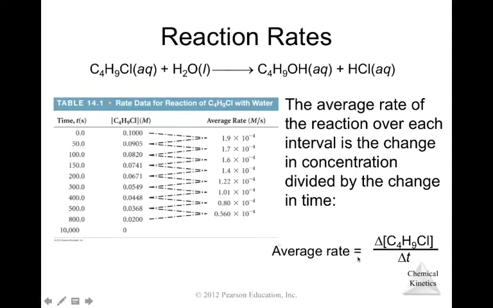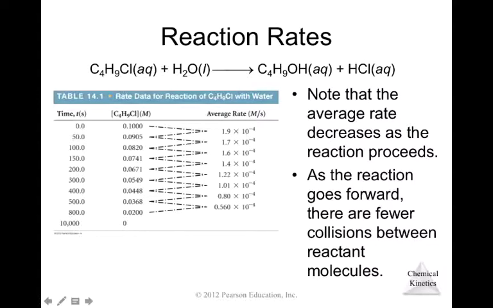That's just your average rate, which is the change in the concentration over the change in time. In this case, we've changed from 0.1 to 0.095 over 50 seconds. That's your delta t. So the average for that time interval is 1.9 times 10 to the minus 4 molar per second.